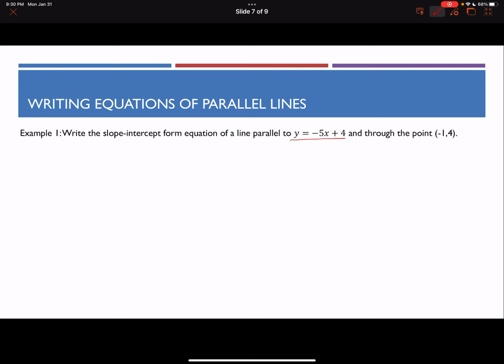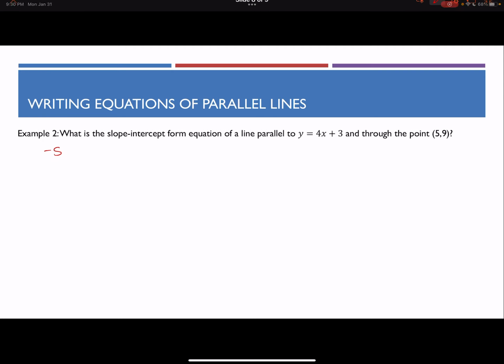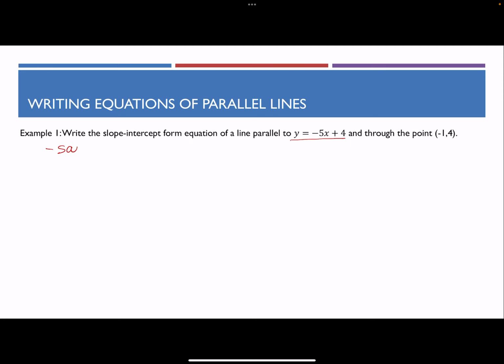So we know that parallel lines have the same slope and different y-intercepts. If a line is parallel to this one, its slope is also going to be -5, because in y = mx + b the m's have to be the same. So my new slope has to be -5 as well.